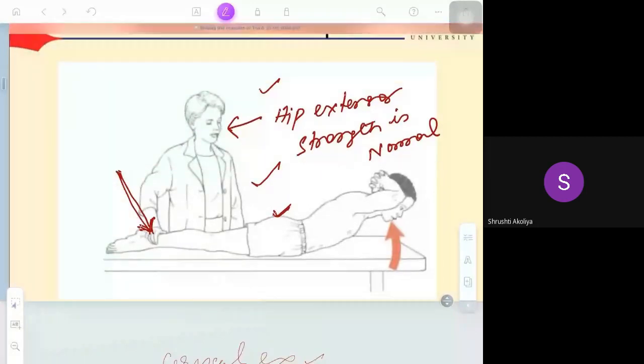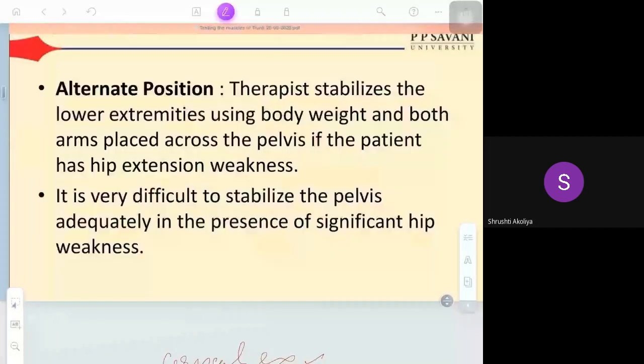If hip extension is weak, then the therapist stabilizes the lower extremities using his own body weight, and both arms are placed across the pelvis. Clear?